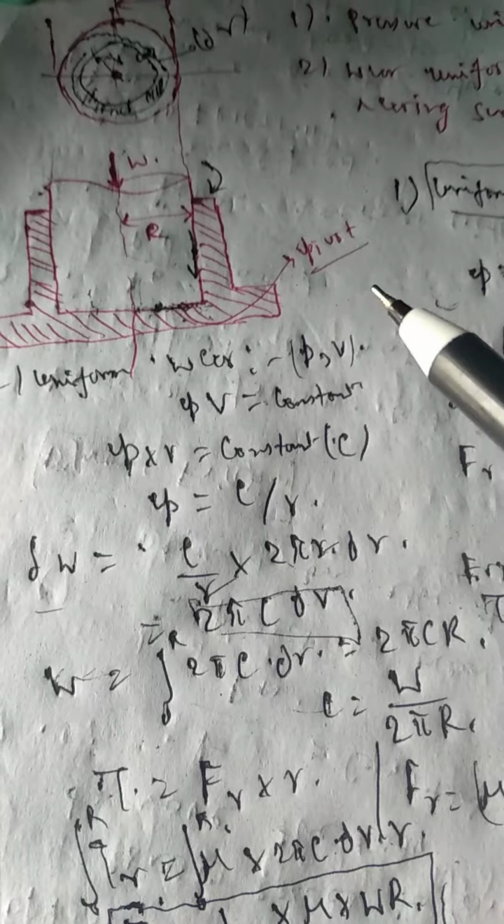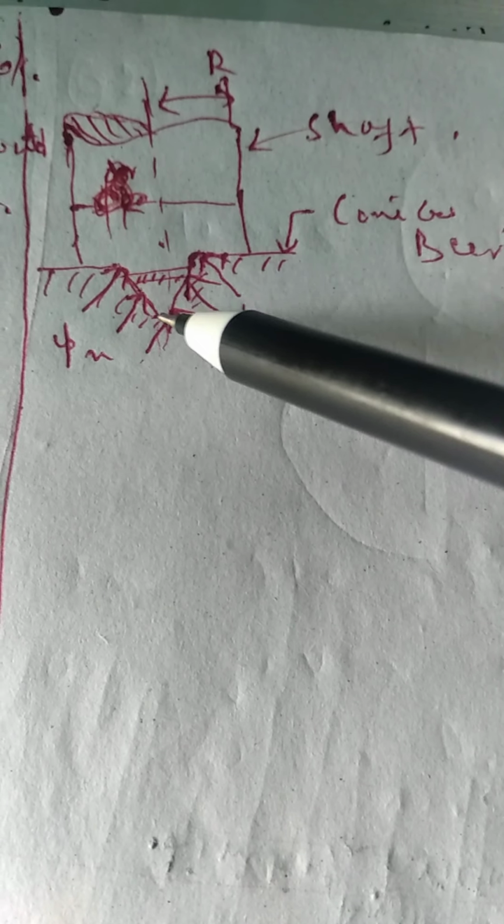Now we'll come to the conical pivot bearing. Now see, we will consider this case of conical pivot bearing. It is very similar to the flat pivot bearing, the only difference is that this area of contact over here is conical.